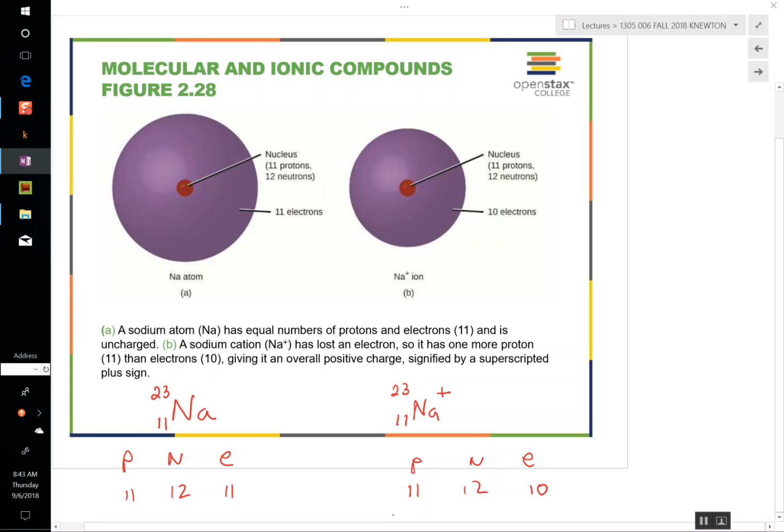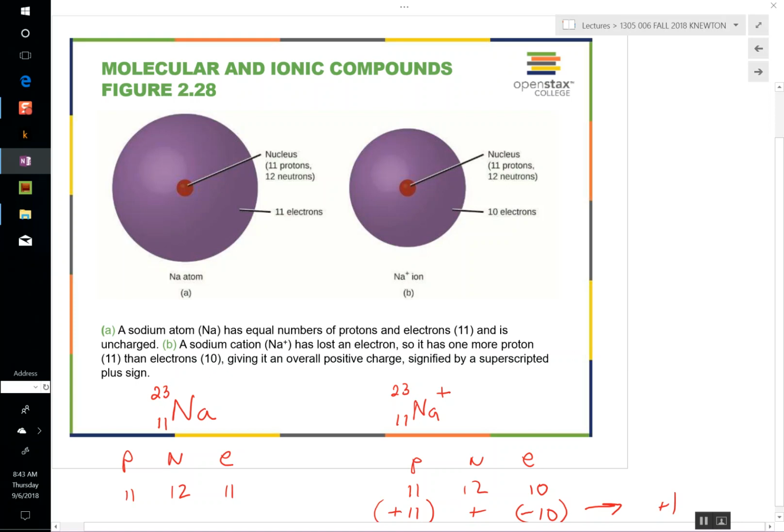Well, take a look at this. 11 protons have a plus 11 charge. 10 electrons have a minus 10 charge. If you sum those two up, it results in a net plus 1 charge. And that's all we put up here, the net charge on this particle, which is now an ion, and it's positively charged.